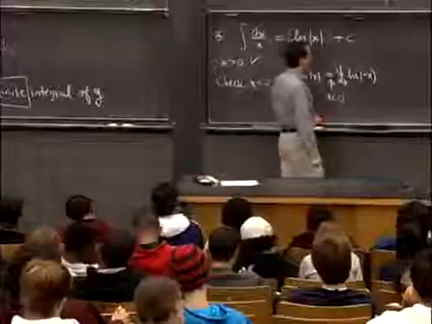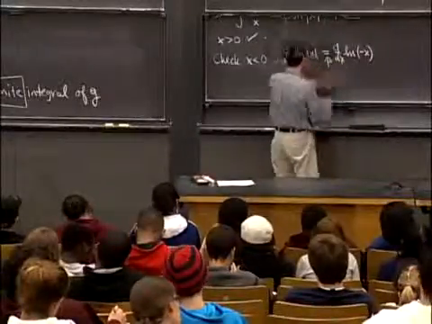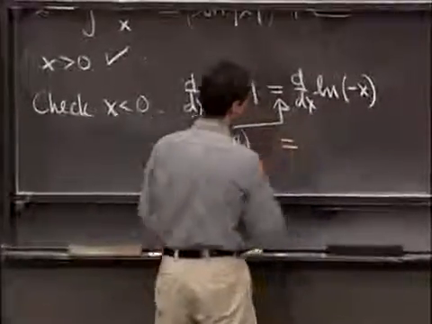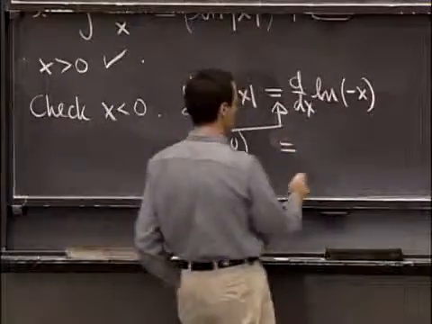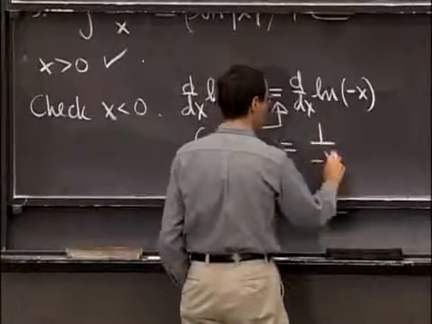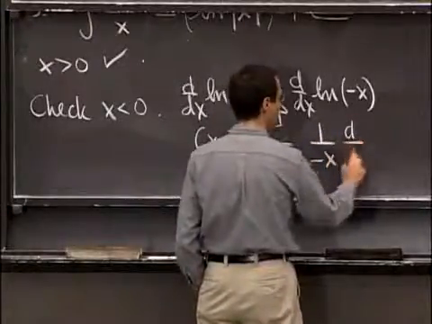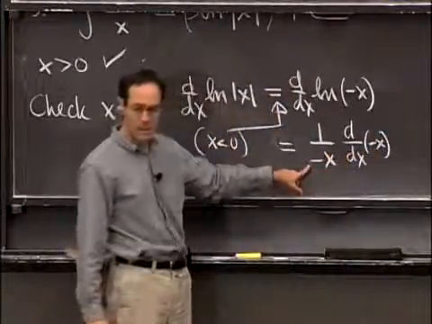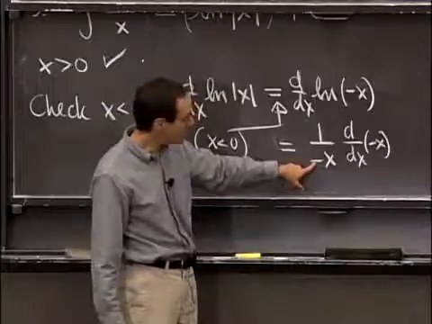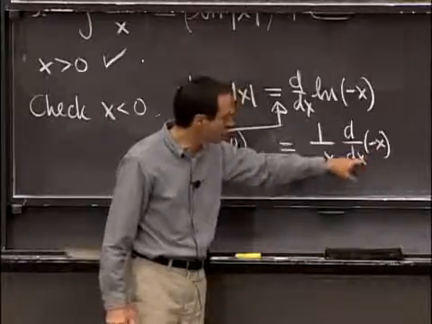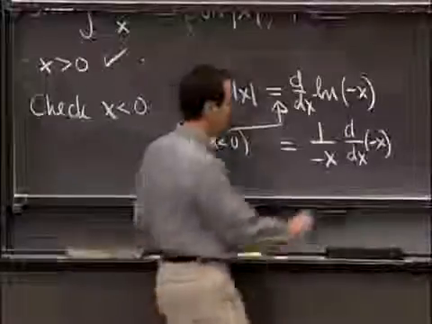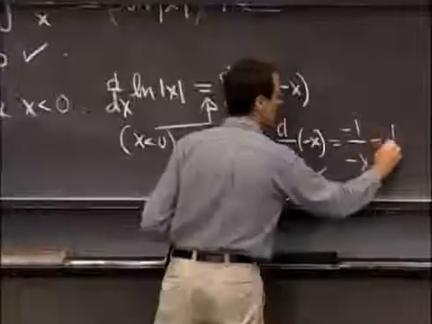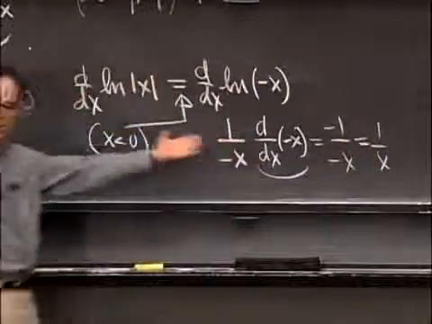And if you carry that out, well, it's the chain rule. It's 1 over negative x times the derivative with respect to x of negative x. So see that there are two minus signs. There's a minus x in the denominator, and then there's the derivative of minus x in the numerator. That's just -1. So this is -1 over negative x, which is 1 over x. So the negative signs cancel.